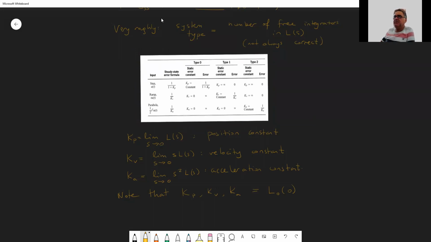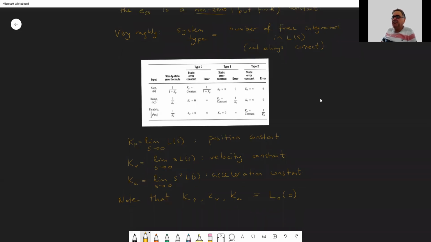So for a type 0 system and step input, you have steady state error is 1 over 1 plus Kp. And the steady state errors would be infinite for these cases.